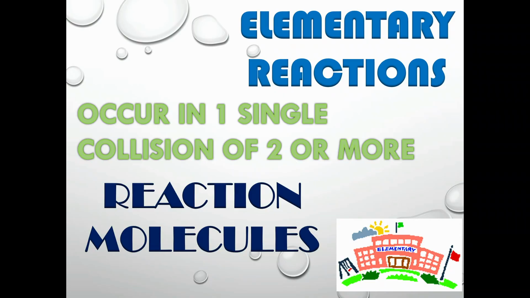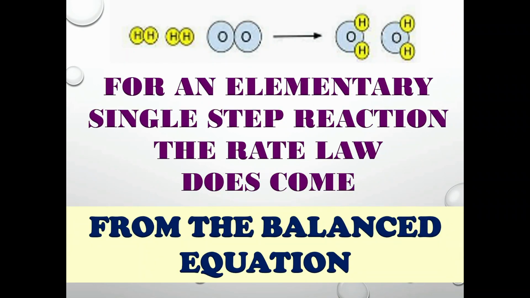We have ones where only one is necessary, but it has to collide with something. Usually it collides with a photon. But we want all of this to occur in a single step. If that's the case, then the reaction rate law is the stoichiometry. If everything's banging together in one step, then the stoichiometry is telling us what the reaction mechanism is.